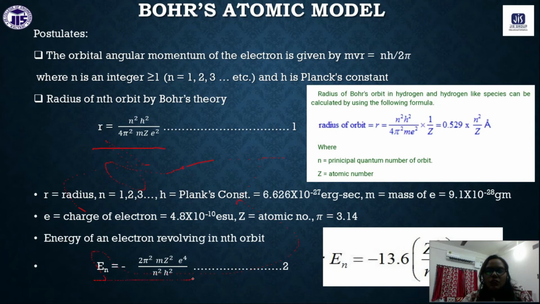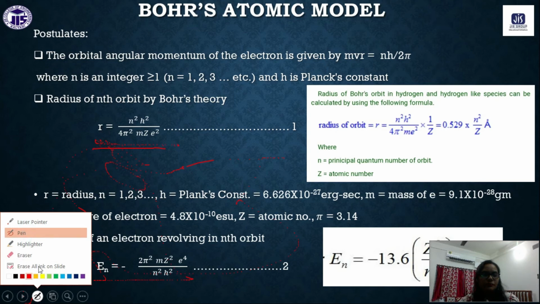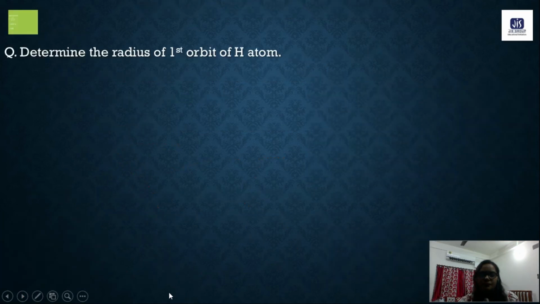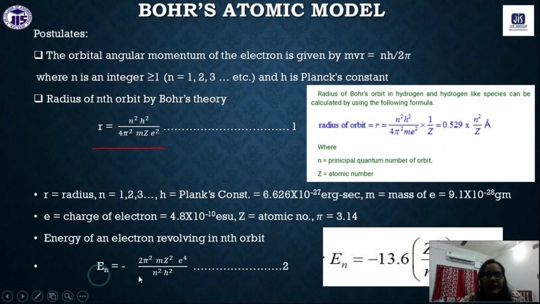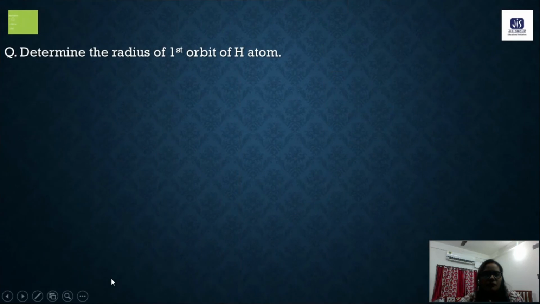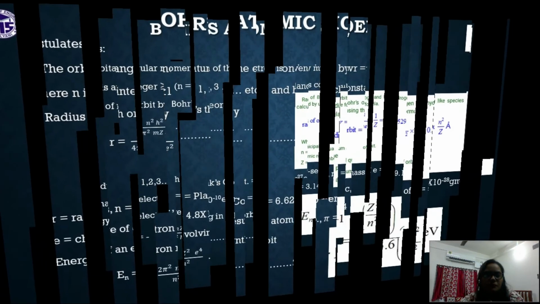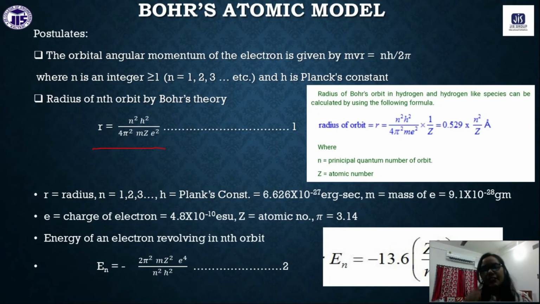Okay, so En, that is the energy of the electron, equals minus 2 pi square m z square e to the power 4 divided by n square h square, and R equals n square h square divided by 4 pi square m z e square.